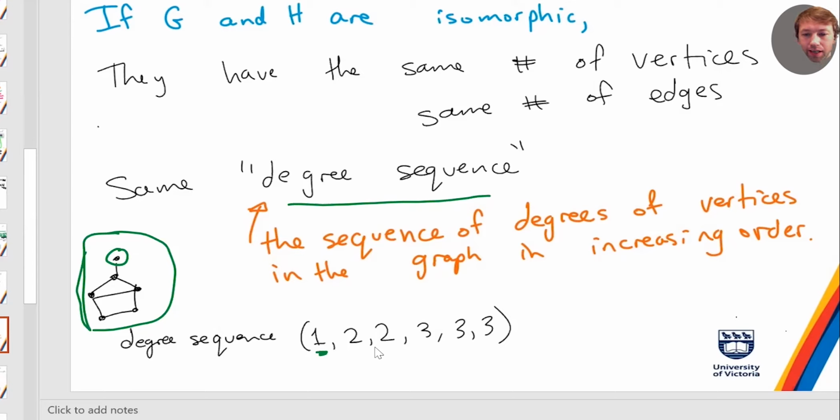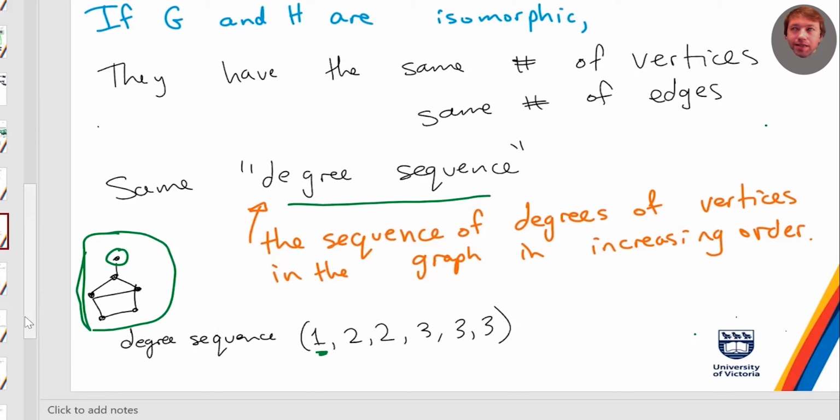It has 2 vertices of degree 2, 3 vertices of degree 3. And so its degree sequence is 1, 2, 2, 3, 3, 3. If you think about it, it's pretty clear that two isomorphic graphs have to have the same degree sequence. Now, you have to be careful because this doesn't work in the other direction. If you have two graphs with the same degree sequence, they might not be isomorphic. So it only goes in one direction.